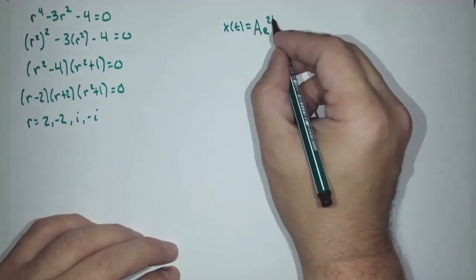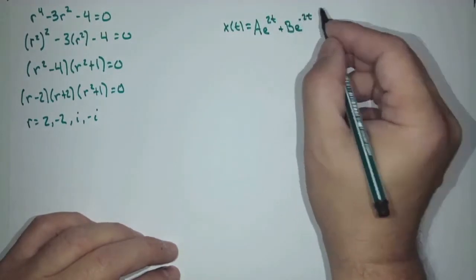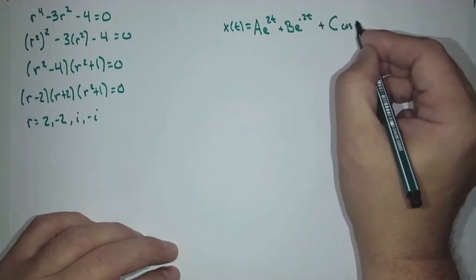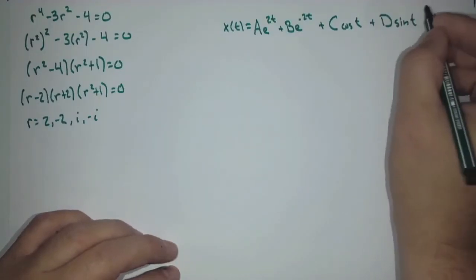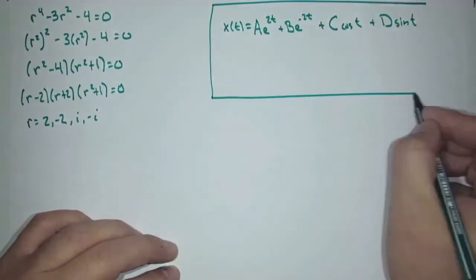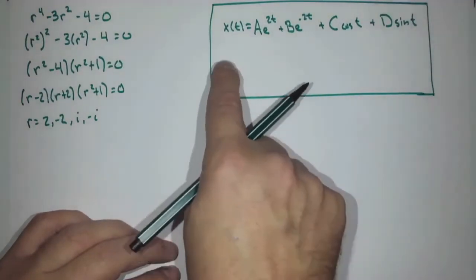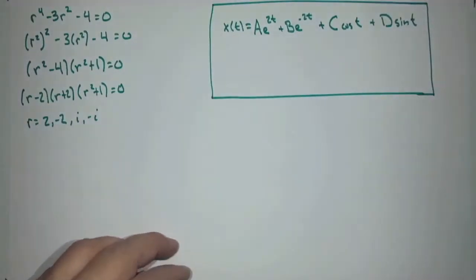A e to the 2t, b e to the negative 2t, c cosine t, d sine t. All right, good. Are we done? No, but we're halfway, right? We have half the box filled.